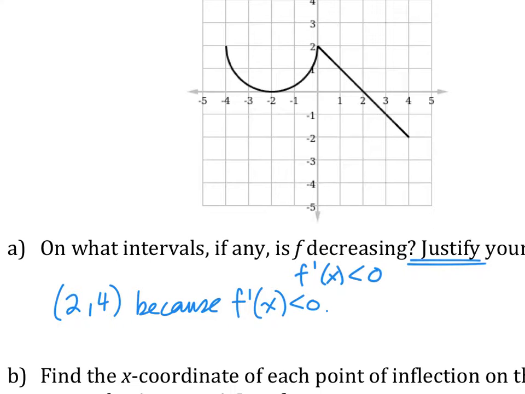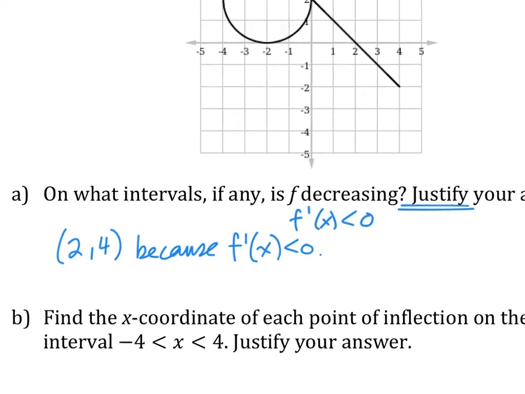Some of you, when I check your work, would say because it is or because the function. You have to be specific about which function, because they're going to pick at you and say you're not specific enough. What function are you talking about? F prime, or what else? So make sure you justify that way.